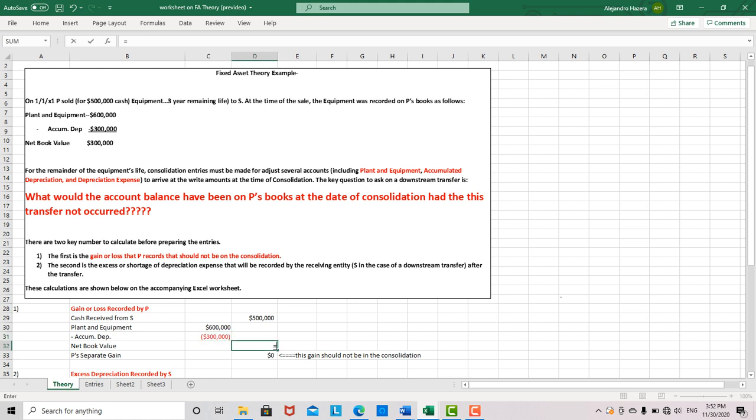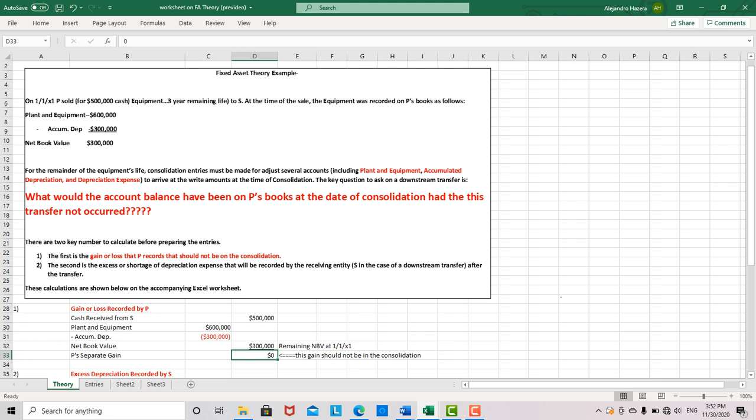So the remaining net book value at 1/1/X1, the date of the transfer, on P's books is $300,000. Of course, P is getting rid of it.